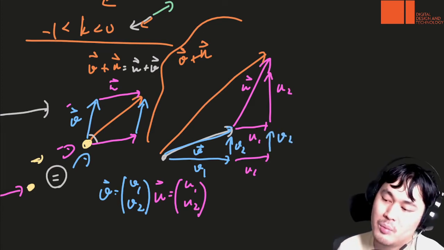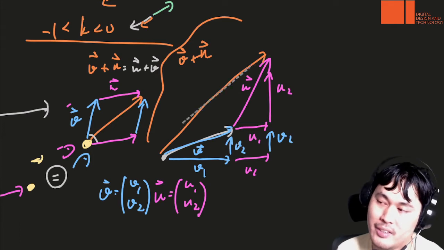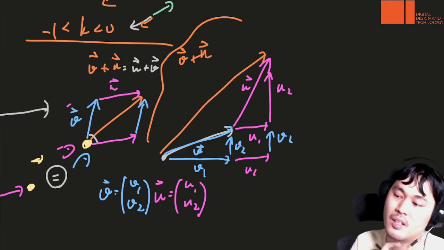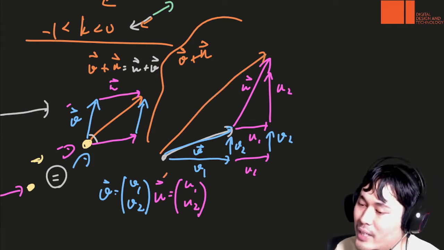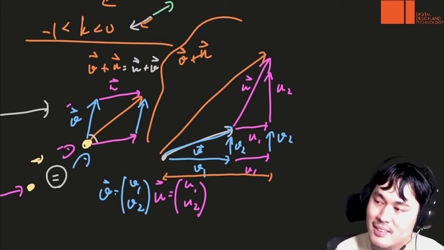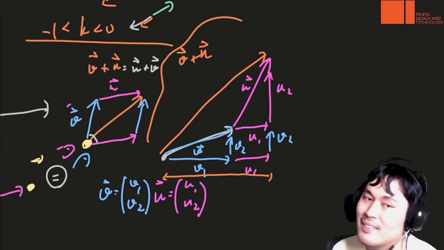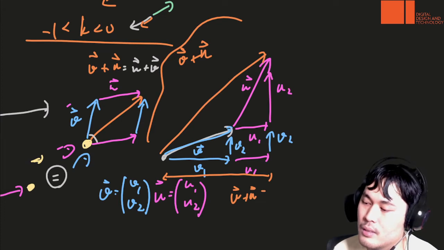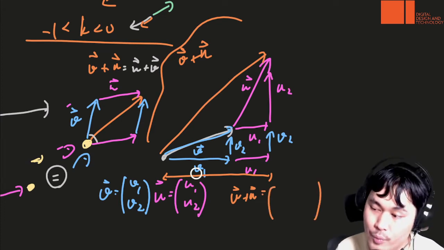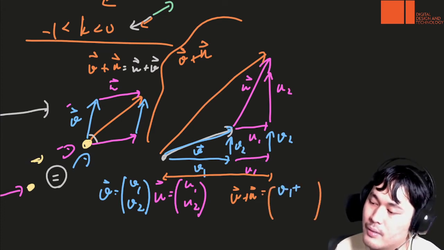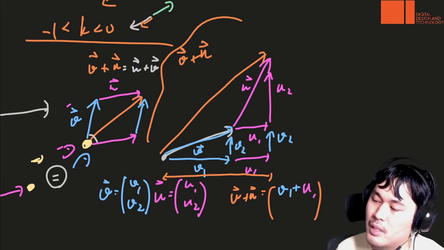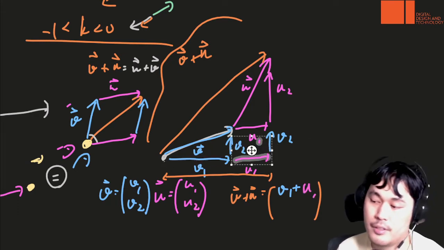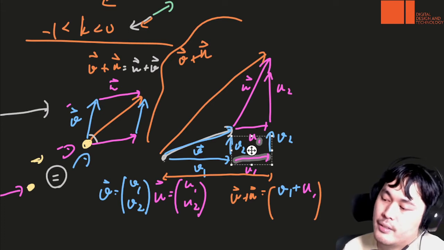If you want to move using the orange vector, to move to the end all at once, you would have to move to the right by V1 plus U1, the sum of the horizontal, or x, coordinates.